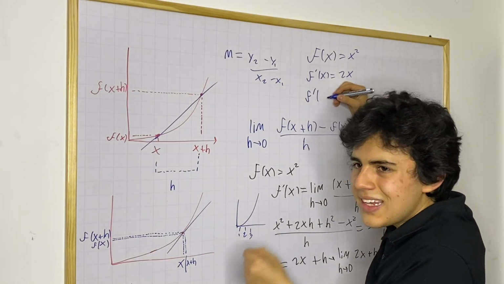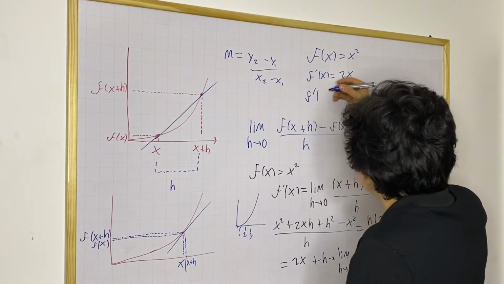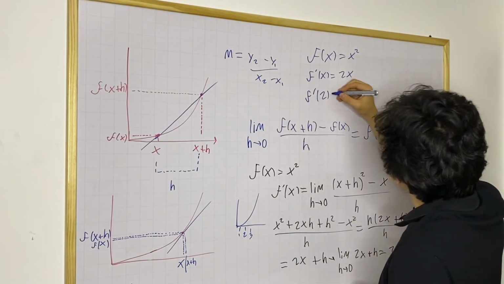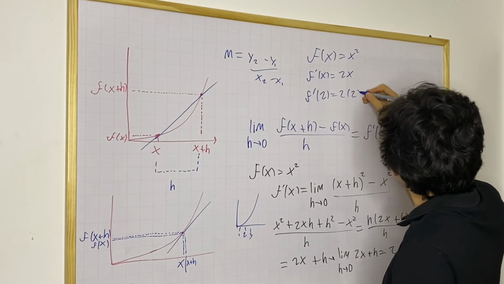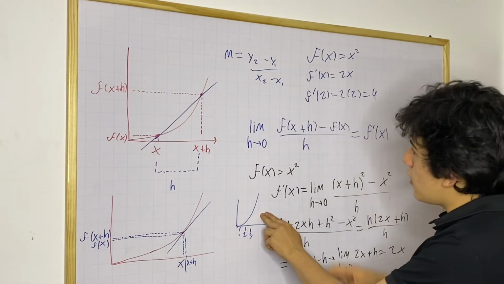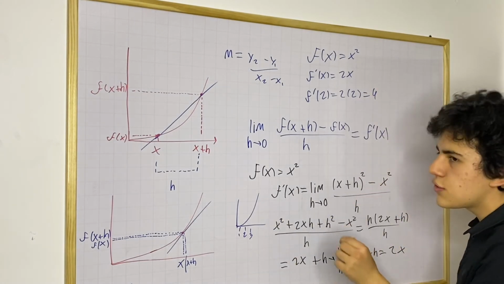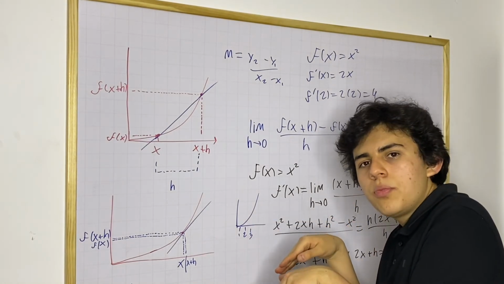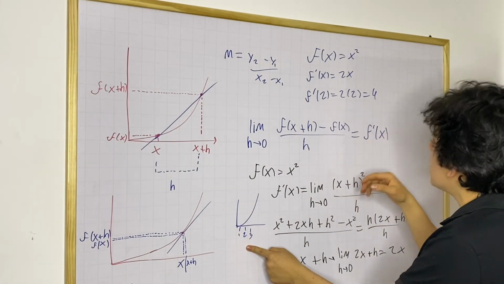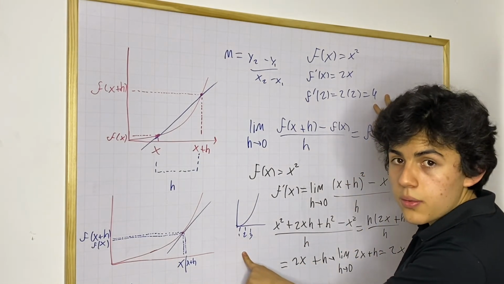For example, what is the slope of the secant line at 2? Well, you're just going to evaluate the function. So f prime of 2 is just simply going to be 2 times 2, which is equal to 4. If you have a parabola that is x squared and you want to see what the slope of the function is at x equals 2, that slope is going to be equal to 4, okay?